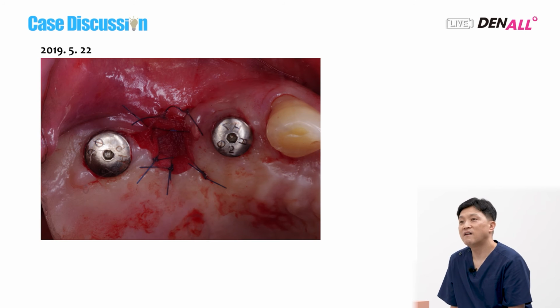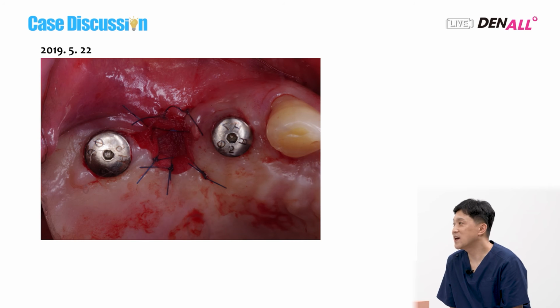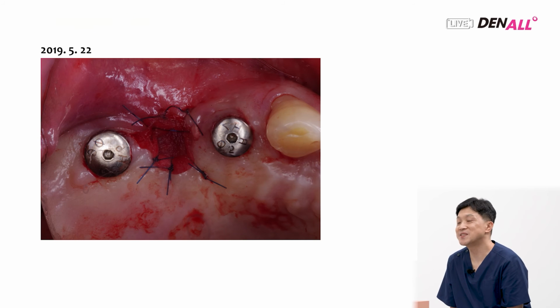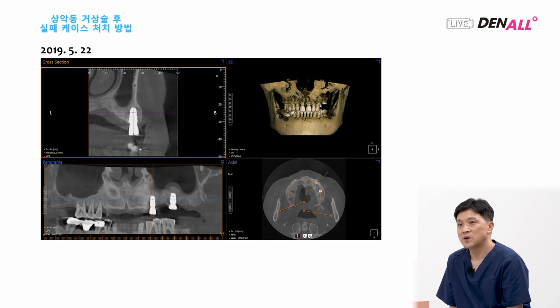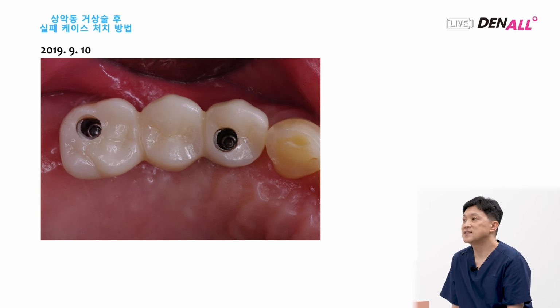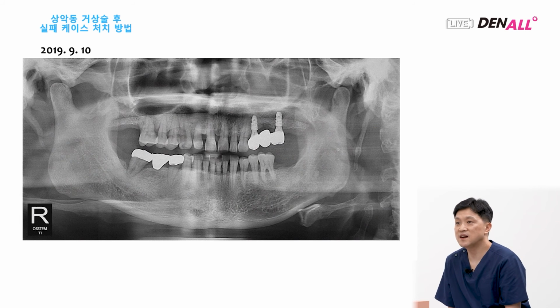We planned 3 implants, but the middle one was removed because of poor initial stability. Two months after, in September, at post-op 5 months, the prosthesis was delivered.